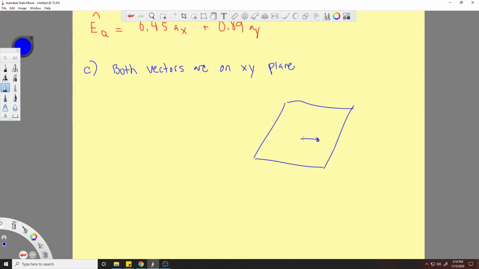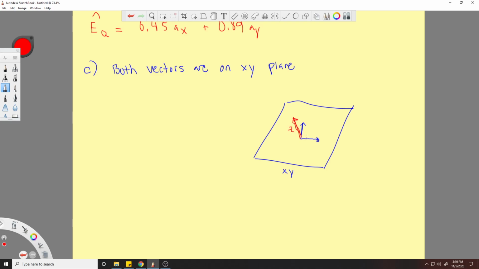We're looking for a vector that looks like this. It's perpendicular, but it's still in the same plane. What we can do is use a normal vector. Pretend this is sticking out of the page, going up, straight in the z direction.